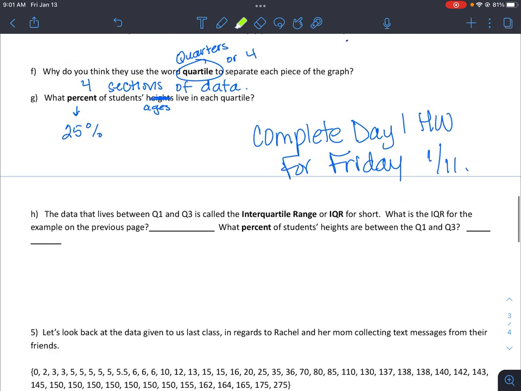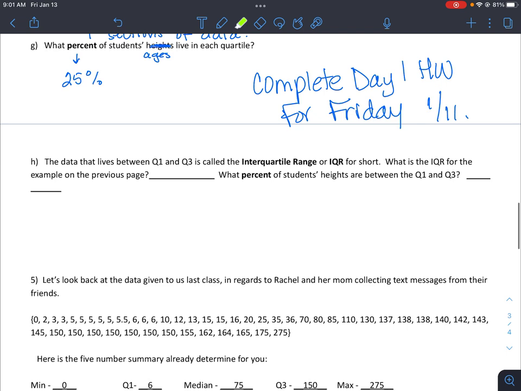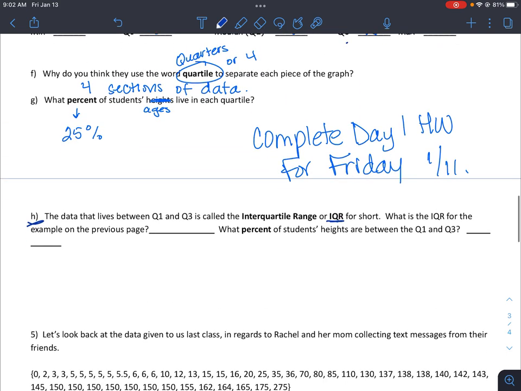So on the next page, part H here, the data that lives between Q1 and Q3 is called the interquartile range, or IQR. What is the IQR from the previous page? Q1 and Q3.